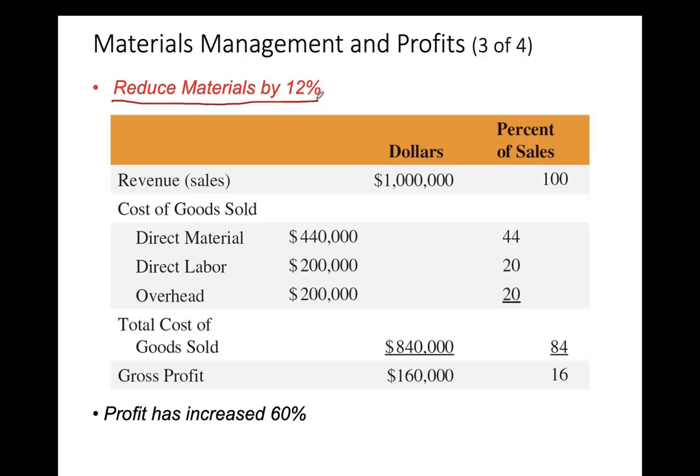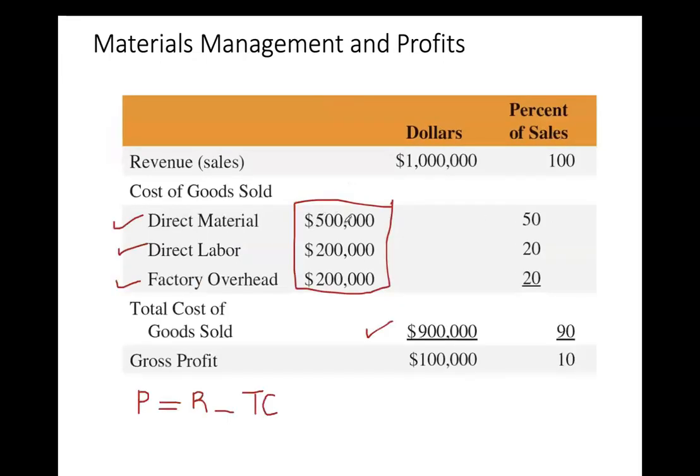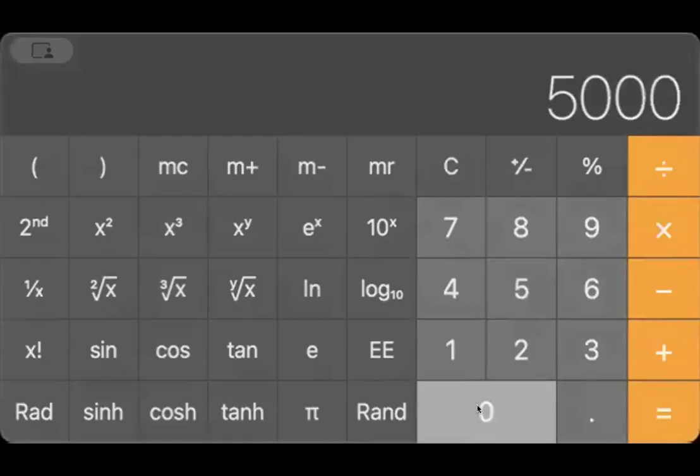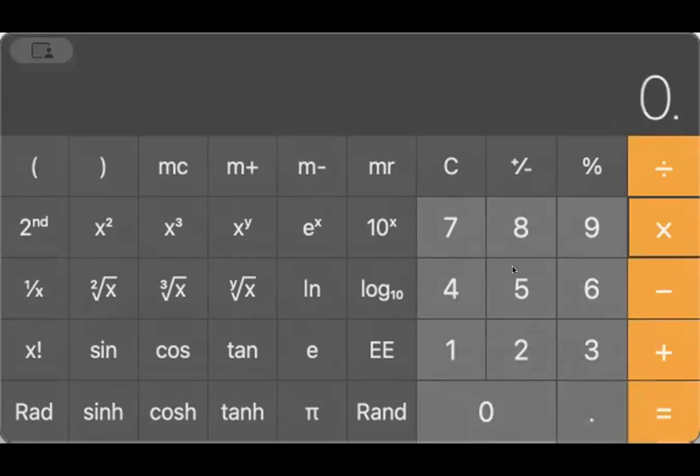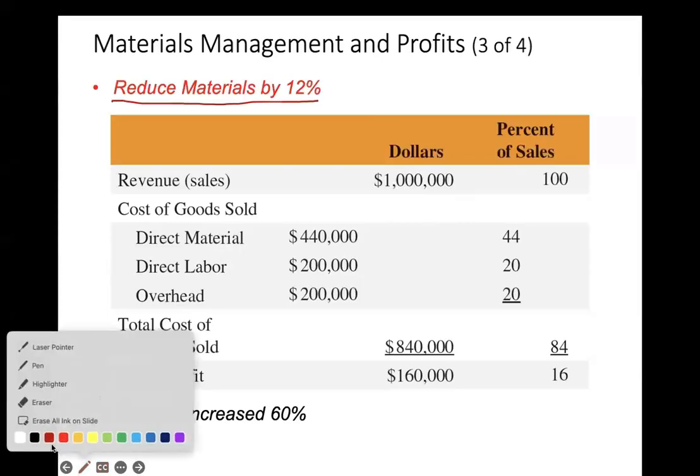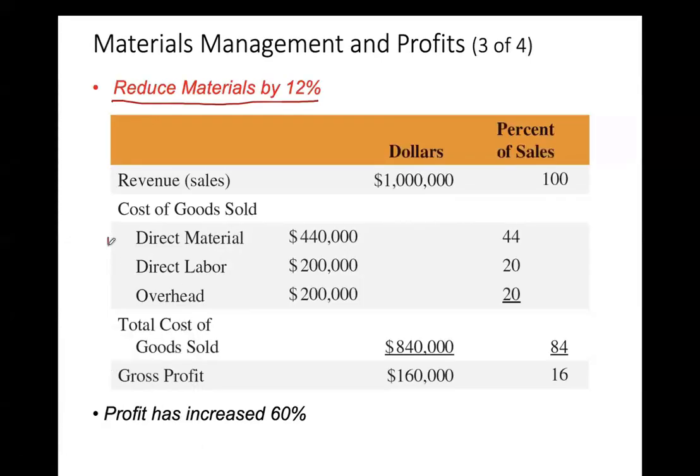In any case, we know that the direct material cost was 500,000, and if you reduce it by 12%, we will multiply 500,000 by 0.88. 100 minus 12 is 88%, so multiplied by 0.88, the new cost will become 440,000. Initially the material cost was 500,000, and after this 12% reduction it becomes 440,000.